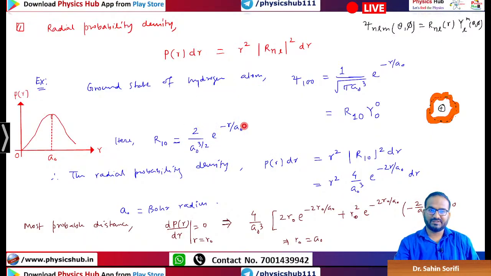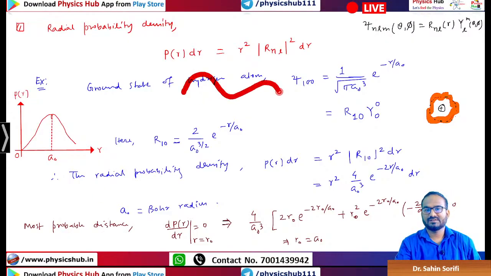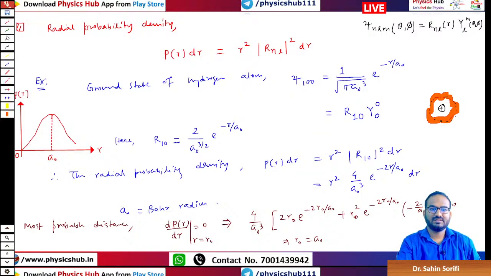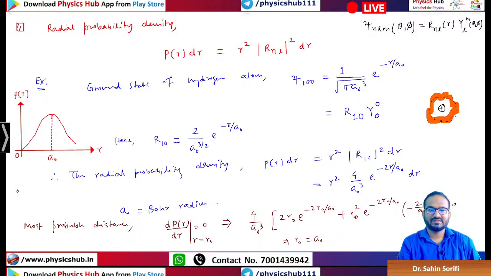Getting the meaning? You can see it remains at other distances as well, but the probability is less. I am just showing you one of the ways, a rough example just to make you understand.